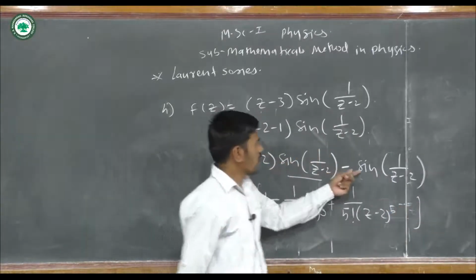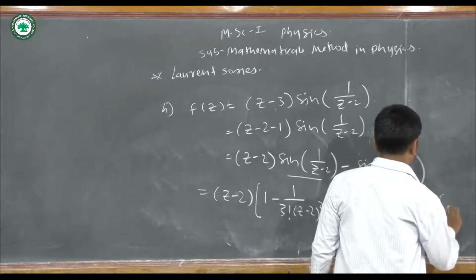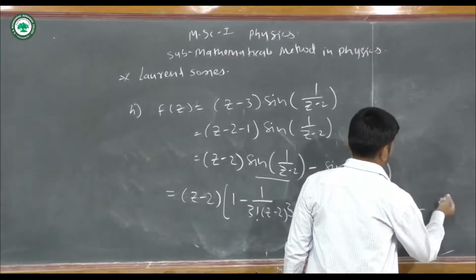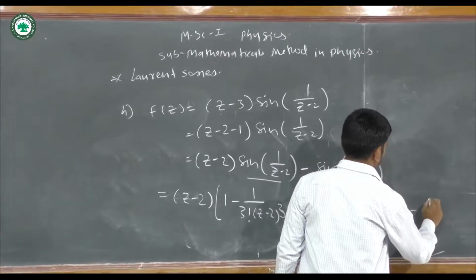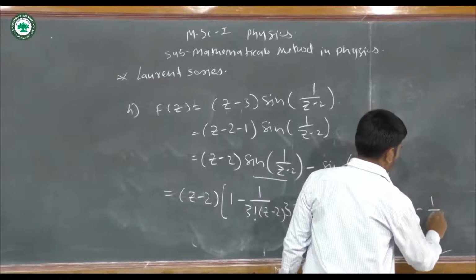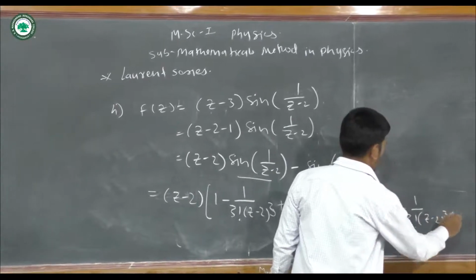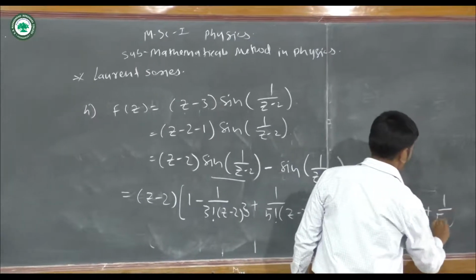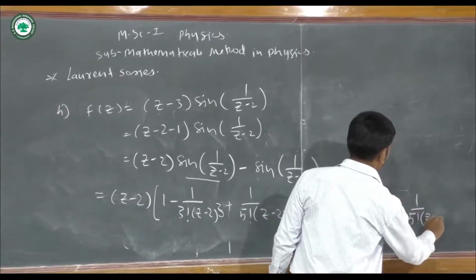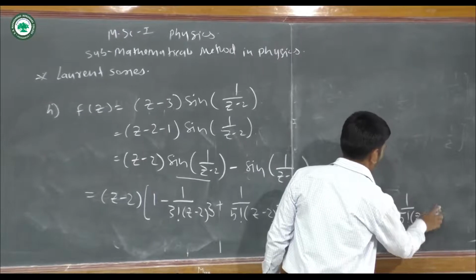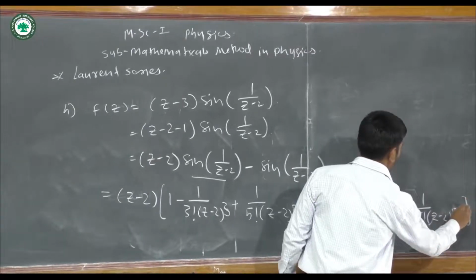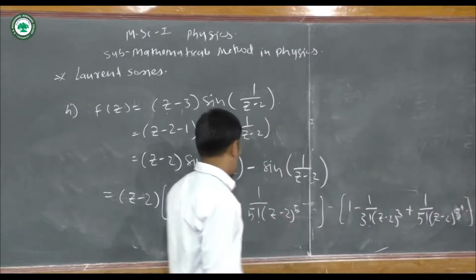For the second term it is the same, with a minus sign: 1/(z − 2) − 1/3! (z − 2)^−3 + 1/5! (z − 2)^−5 plus that. So these are the expansions.